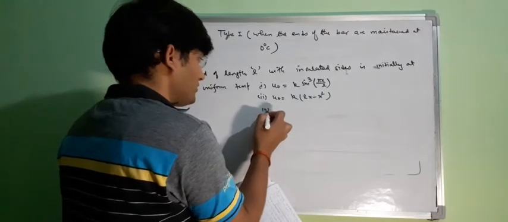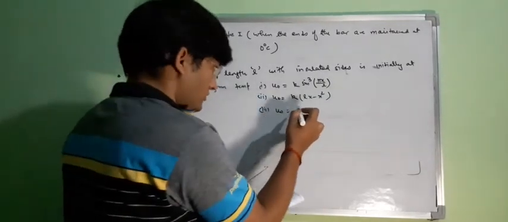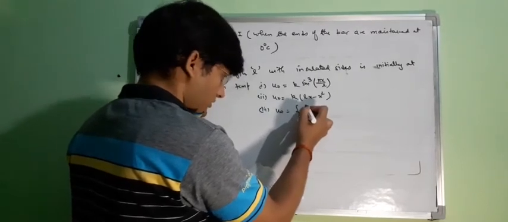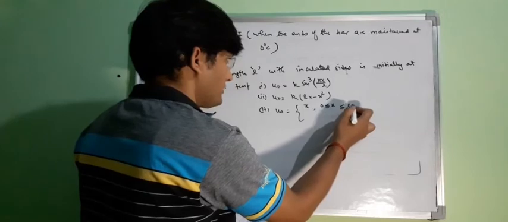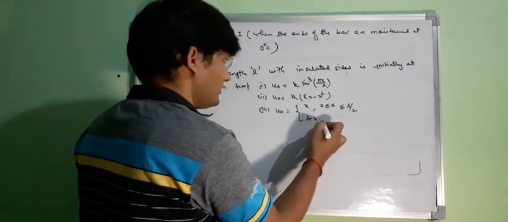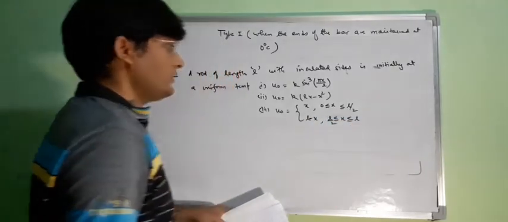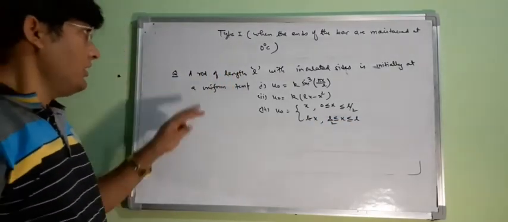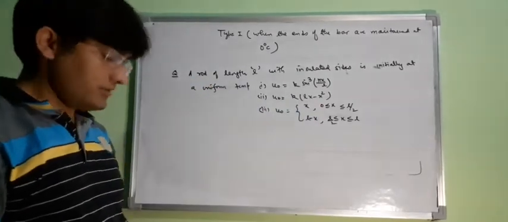And for the third question, my U naught is equal to x when x is from 0 to L by 2, and L minus x when it is from L by 2 to L. So in this question I am solving these 3 particular cases.